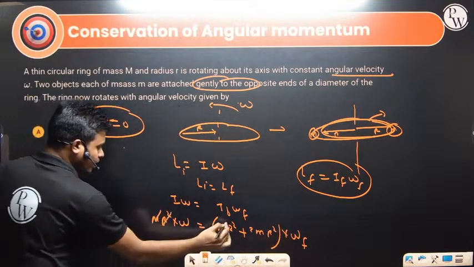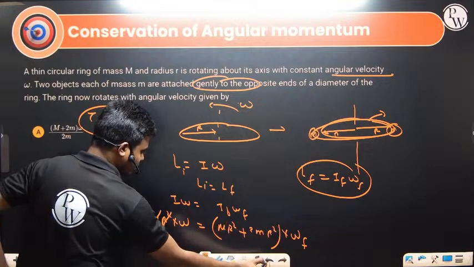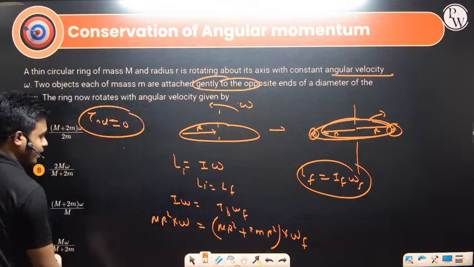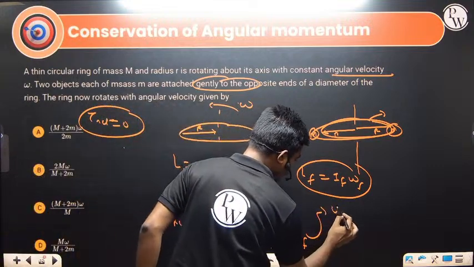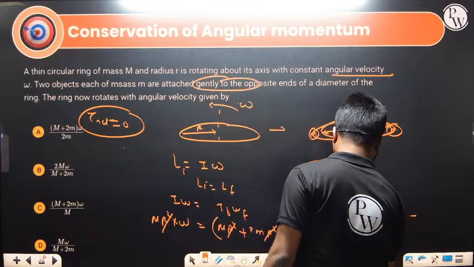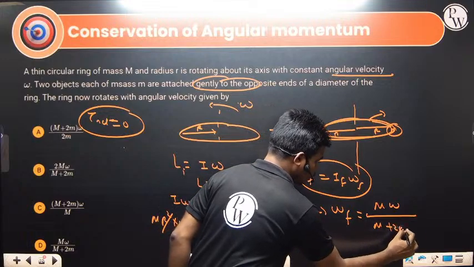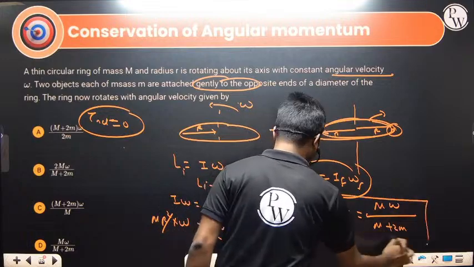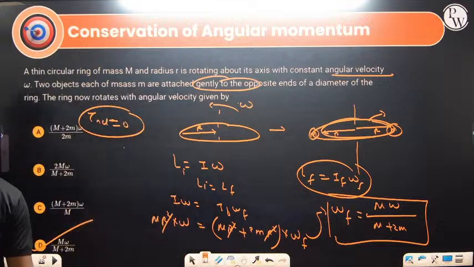We can't cancel M with m because the masses are different, but r square cancels. So the final angular velocity will be M into omega divided by M plus 2m. Answer is option D, M omega over M plus 2m.